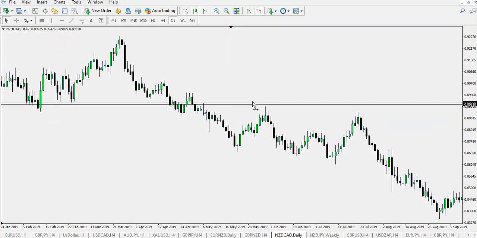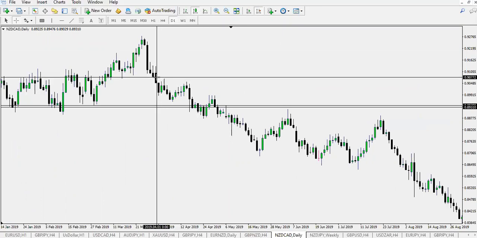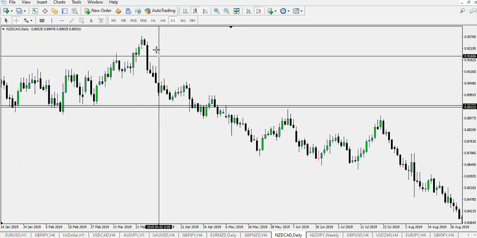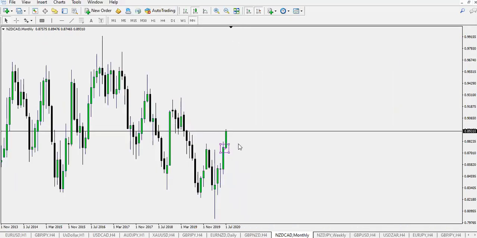So like we've marked up here, this area on the weekly chart is an imbalance, and we can also see on the daily chart there's imbalance. And now, for the sake of looking at higher time frames, let's see that this is an order block on the monthly chart over here.